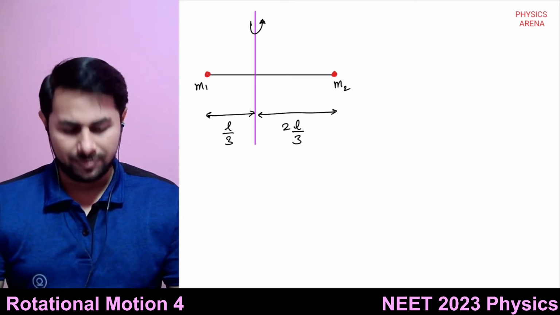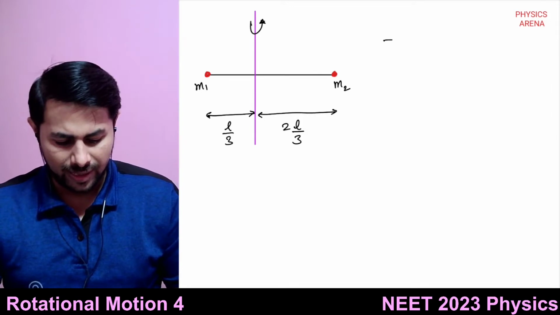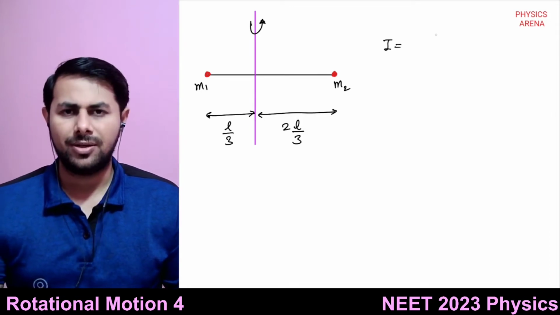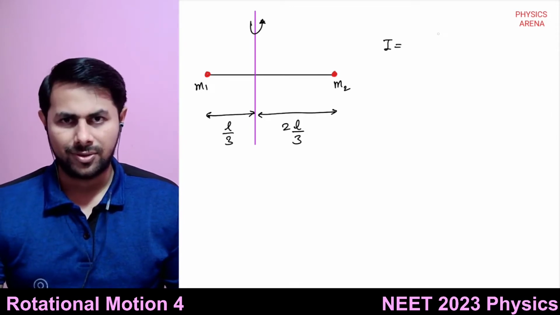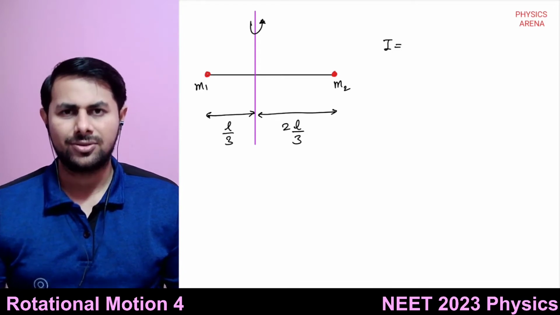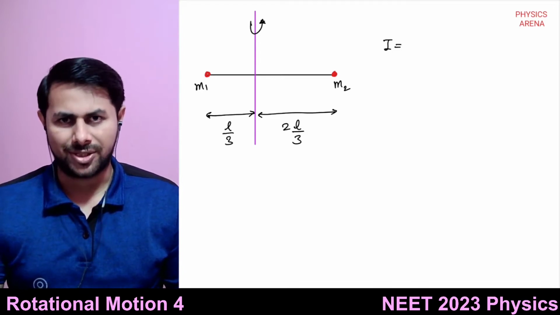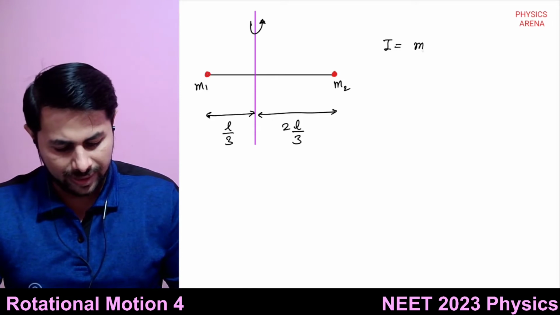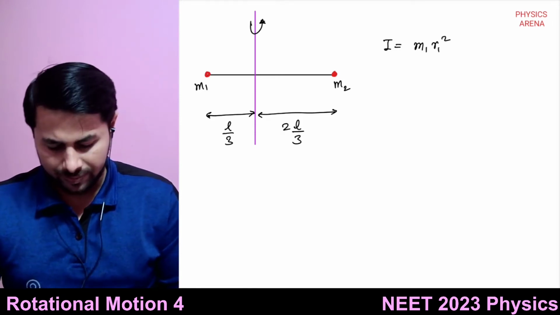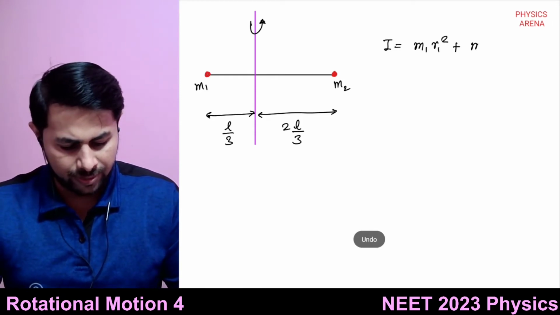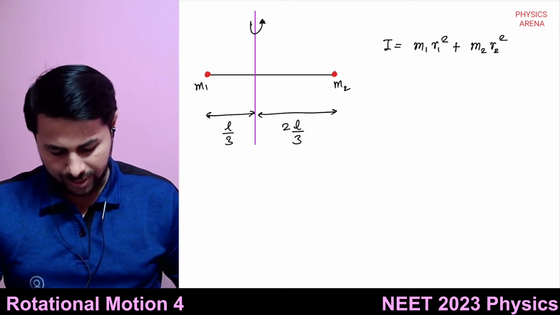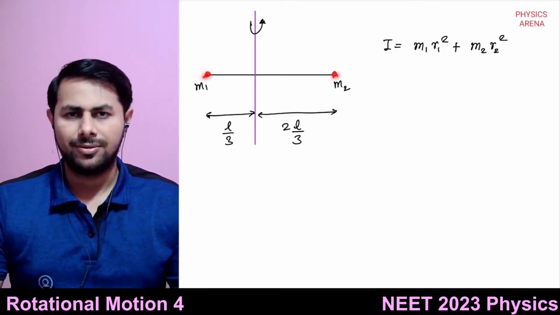So it's very simple. We have our formula I is equal to summation of mi ri square. And what is ri? It is the distance from the axis of rotation. So it is m1 r1 square plus m2 r2 square. Here we have only two masses.